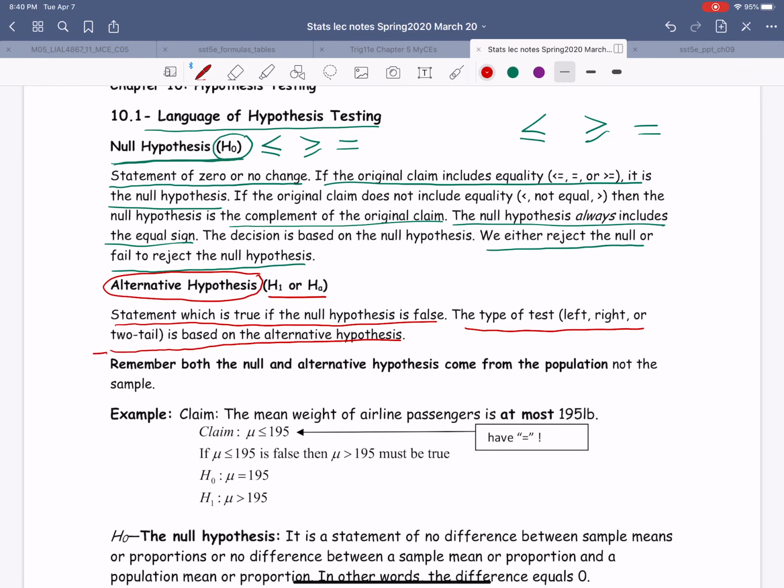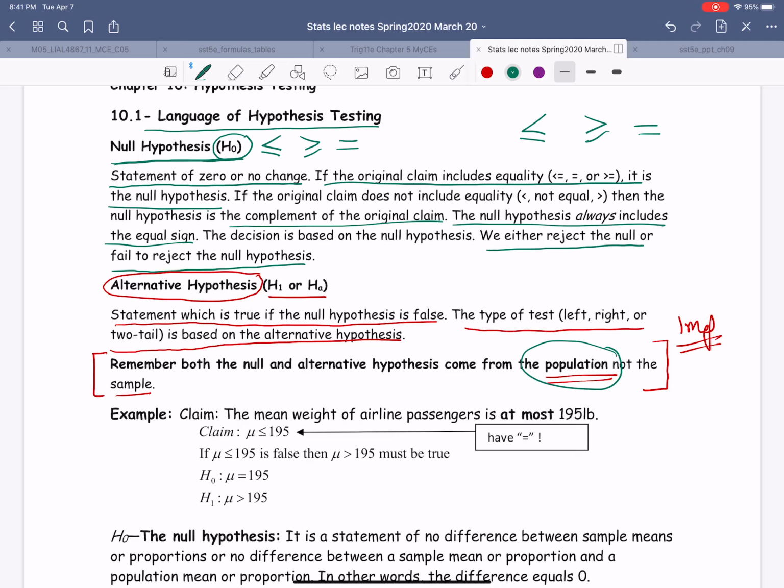Remember, one thing that is really important, this is where sometimes students make mistakes: both null and alternative hypothesis come from the population, not from the sample. So keep in mind they both come from the population, not from the sample.